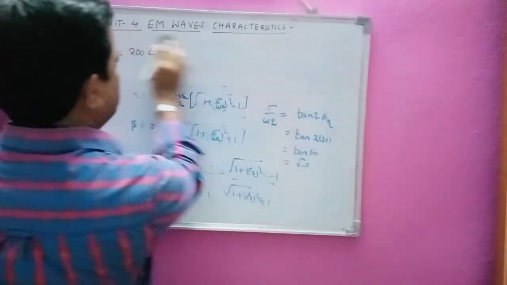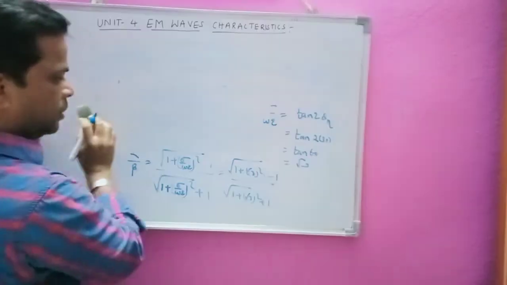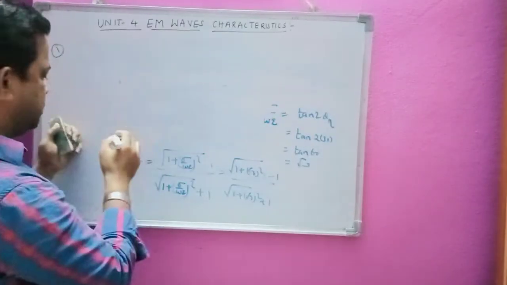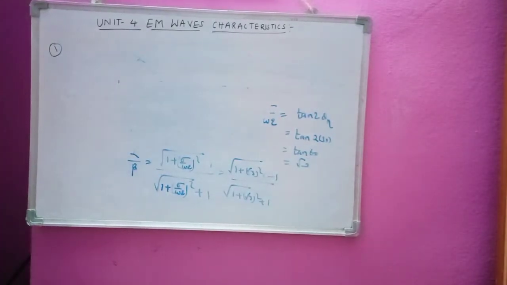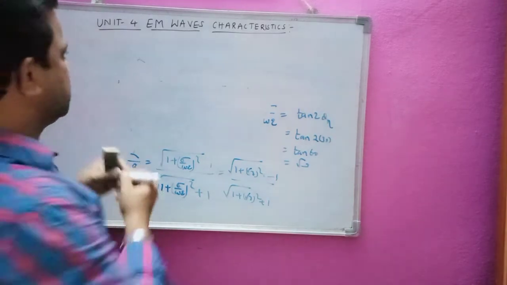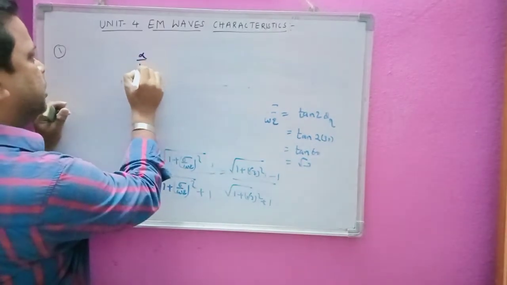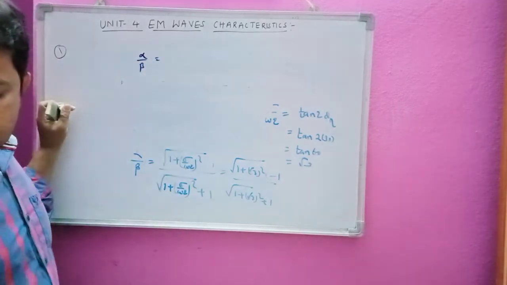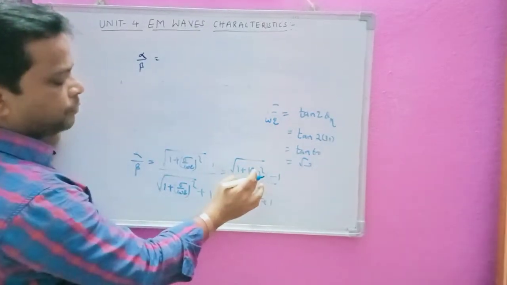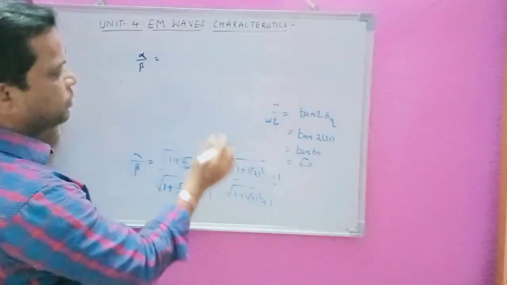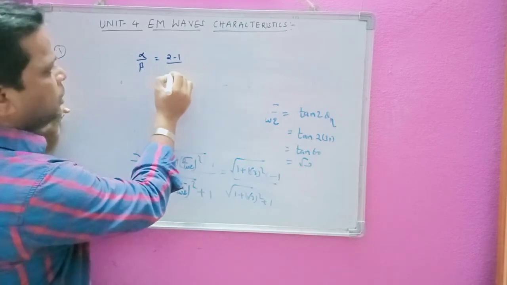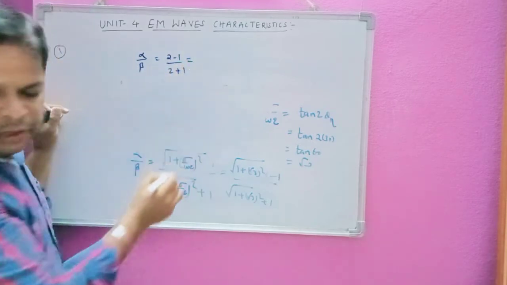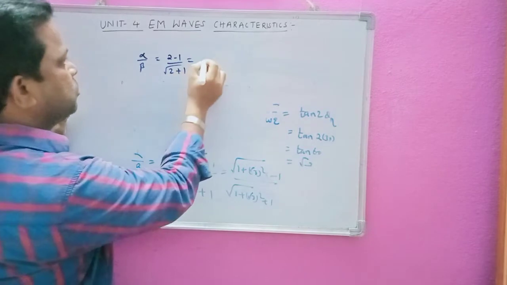If I calculate the value of alpha by beta, it is equal to square root of 3 plus 1, that is 4, square root of 4 is 2, so 2 minus 1 by 2 plus 1, which is 1 by root 3.